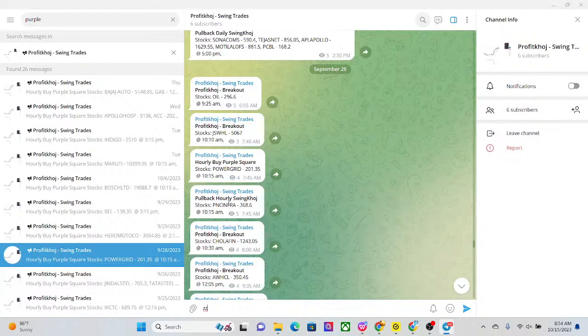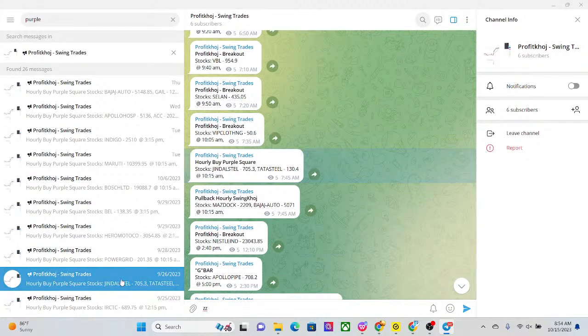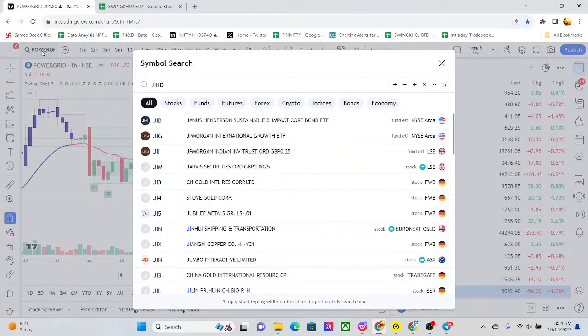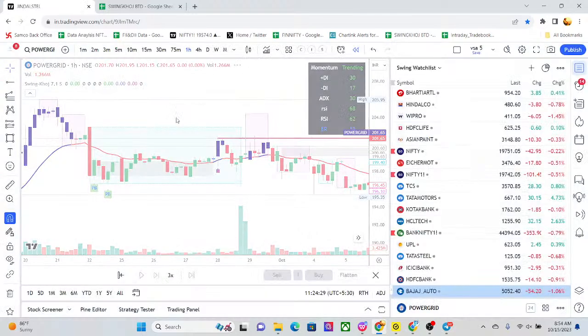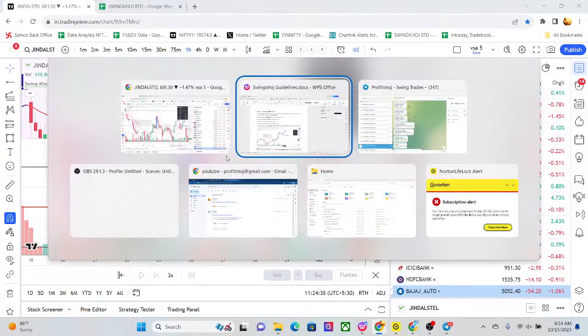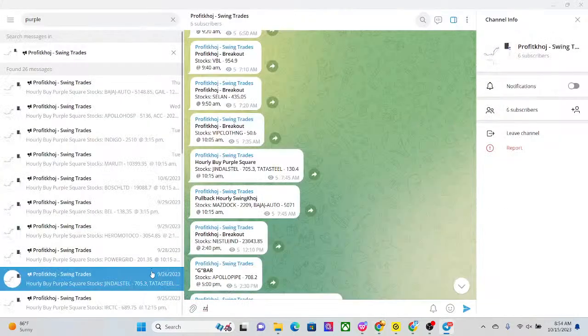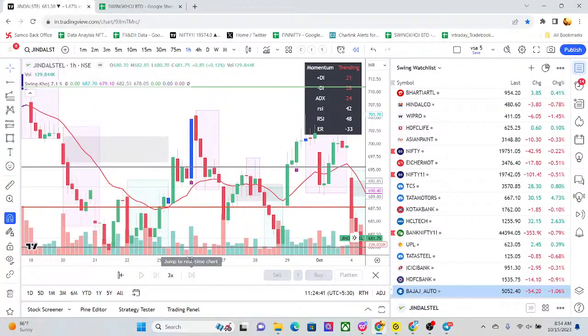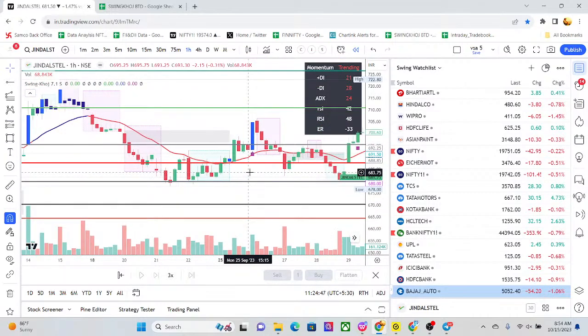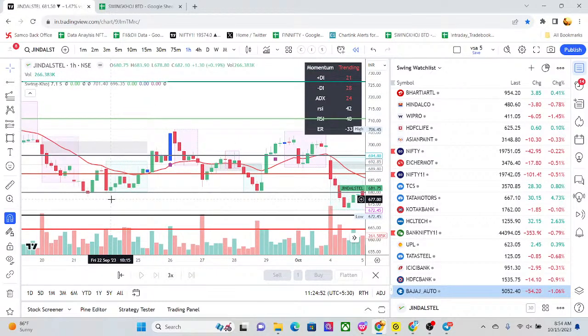Okay, let's check another one. Tata Steel. The date 26. Now, yeah, this is the last swing low.